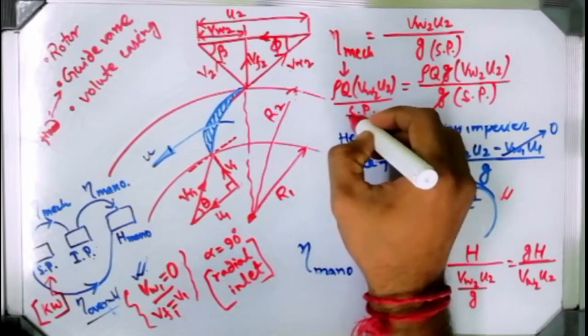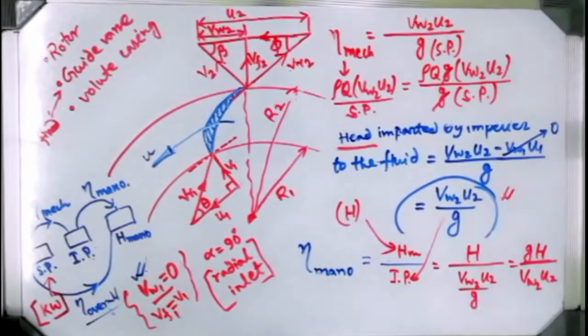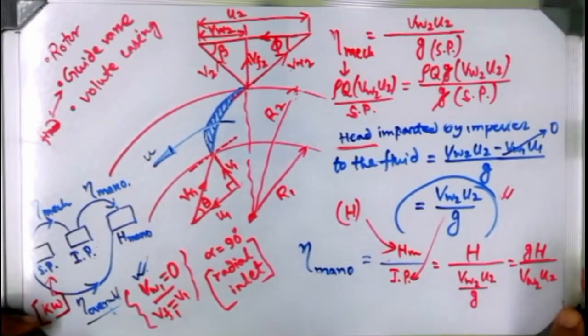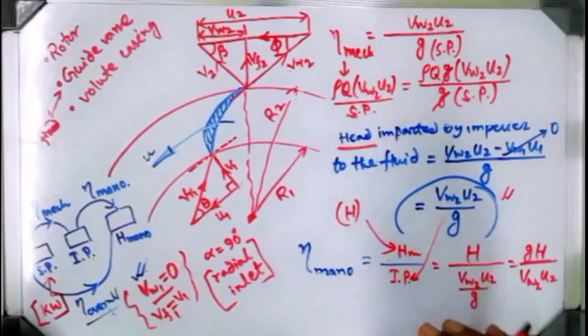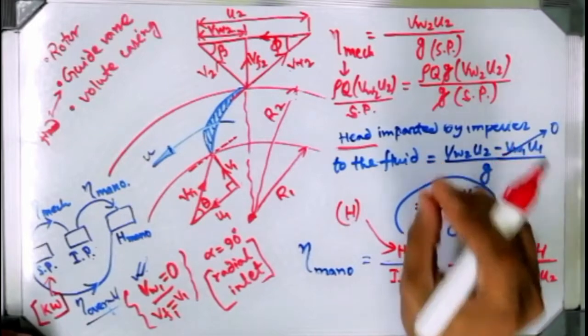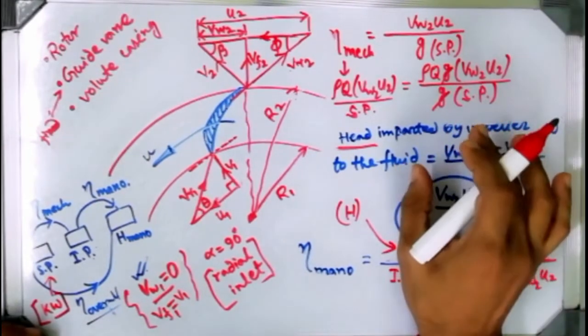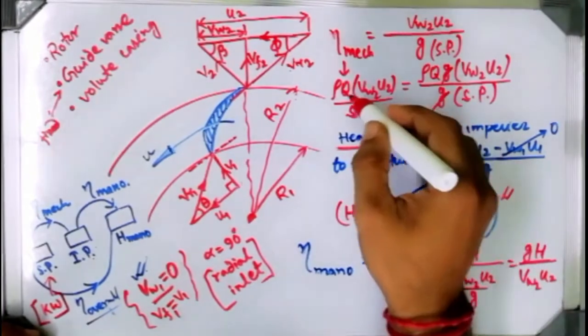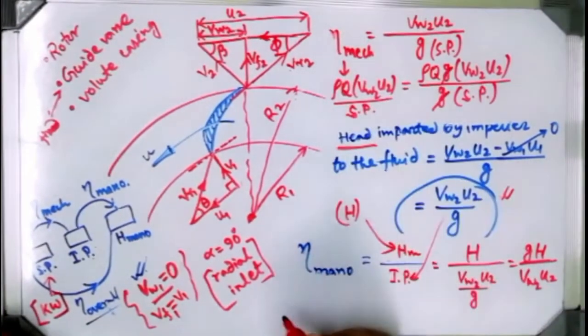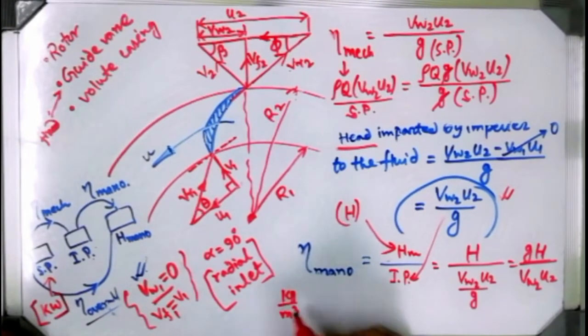Shaft power is most of the time given in the problem in terms of kilowatt, or it may be watt. If you have any confusion how it is done, then just use the units of them, you can easily get it. Use the unit of density, in SI it will be kg per meter cube.